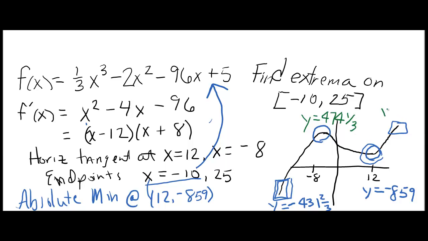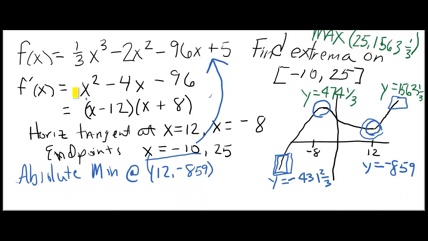And the y value over here, at 25, is 1563 and 1/3. I'm running out of room here. So we see that the absolute maximum occurs at this point. So the max is at (25, 1563 and 1/3).